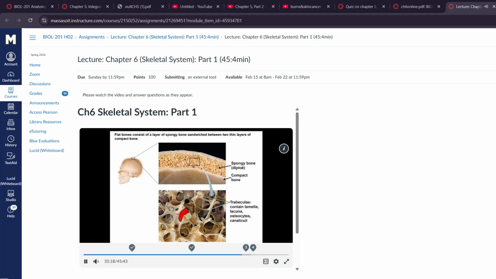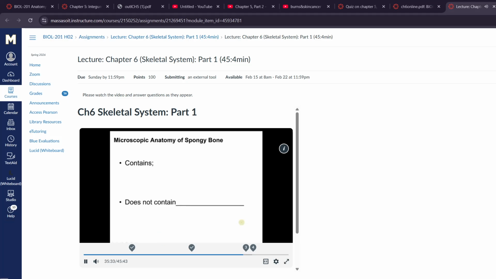There would be. But a couple of things here is that in spongy bone, you do have lamella. They're just not running in a circle. You also have lacuna with osteocytes in them, and you have canaliculi. So again, in spongy bone, you have trabeculae, which are the slivers of bone, but you also have lamella, osteocytes, canaliculi, and lacuna.